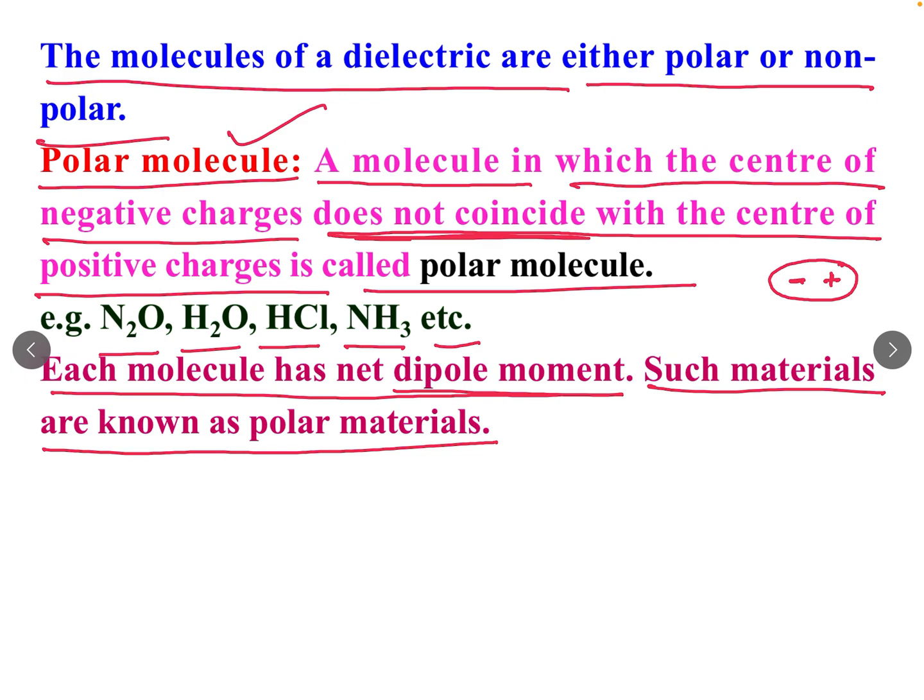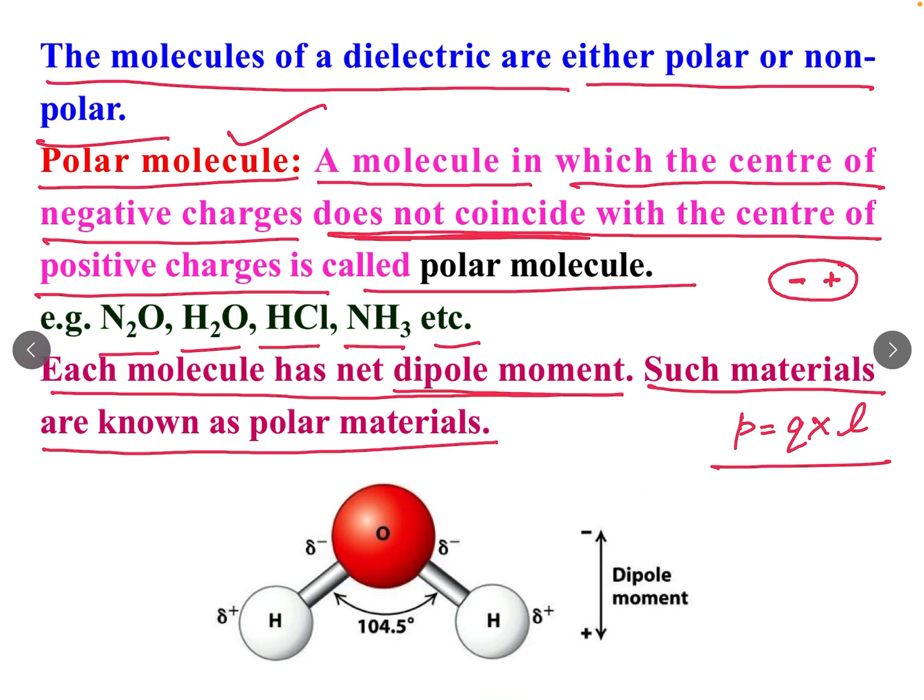The formula of dipole moment: P is equal to the charge at the ends multiplied by the separation between them. This is the example of a polar molecule, water, H2O, and this is the dipole moment. This is the oxygen and these are the hydrogens.